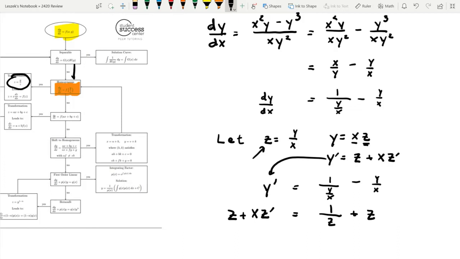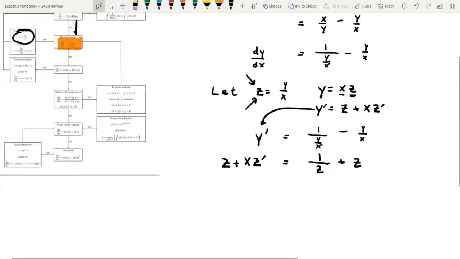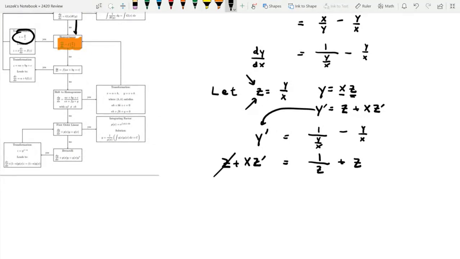Now if you have a homogeneous differential equation and you use this standard change of variable, then you're guaranteed to get something that's separable. That is to say, you can bring all the z stuff to one side and all the x stuff to the other. So maybe I should, well, that's convenient. Notice that z cancels on both sides.